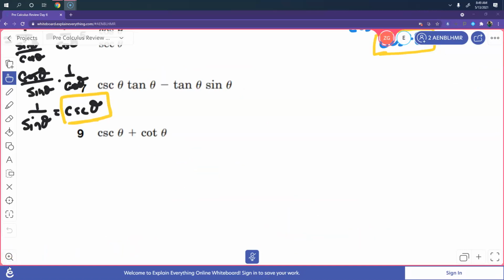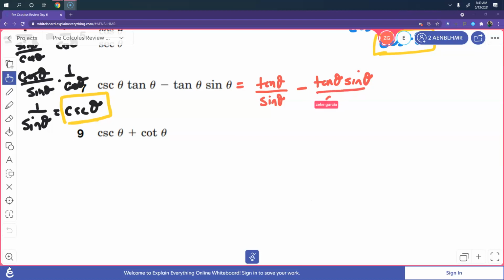I'm going to rewrite number 7, and I'm going to say cosecant theta is the same thing as saying 1 over sine theta. So actually this is equal to tangent theta over sine theta minus tangent theta times sine theta. And I want to have a common denominator.